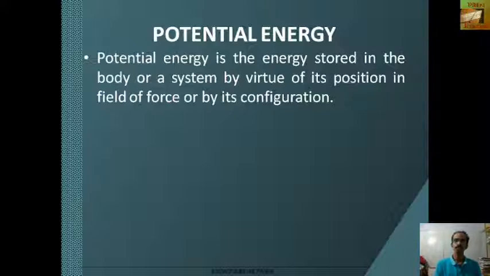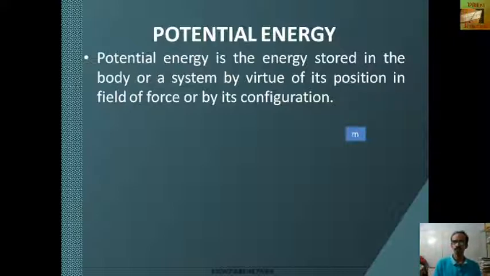In case of the compressed spring, the potential energy is due to its change in configuration. While in the case of the dam and the raised stone, it is due to its position.